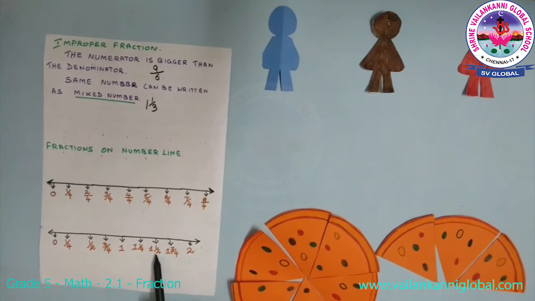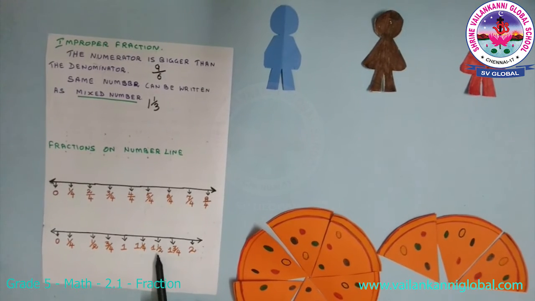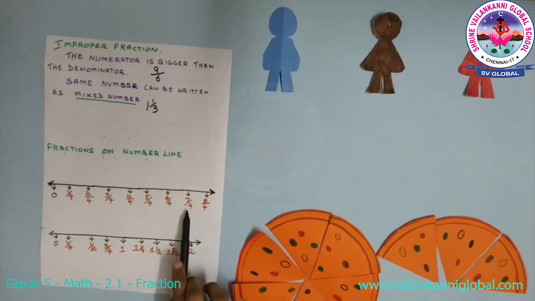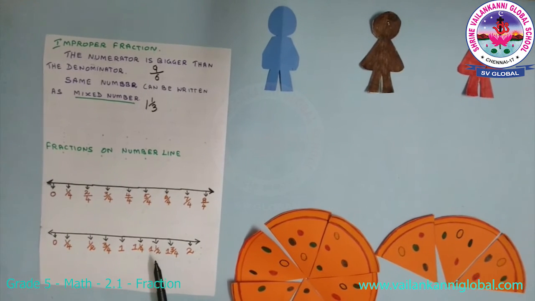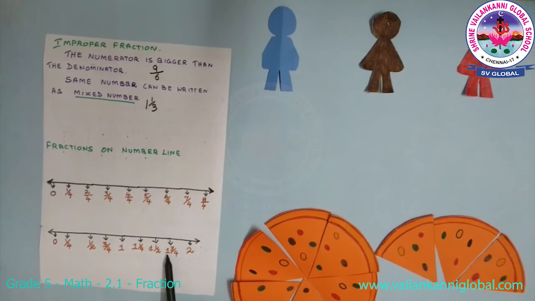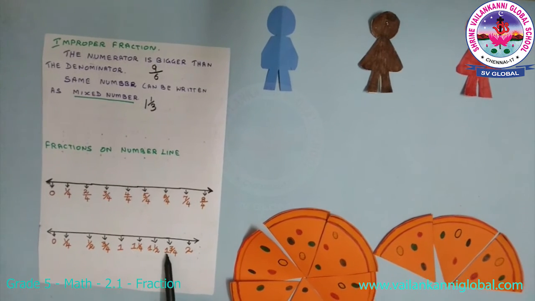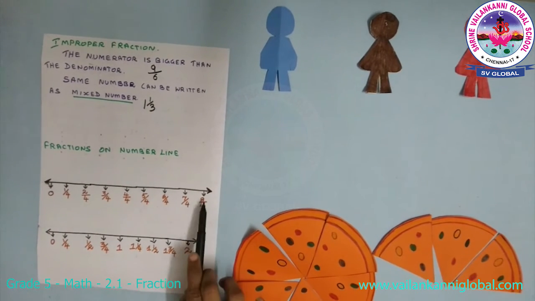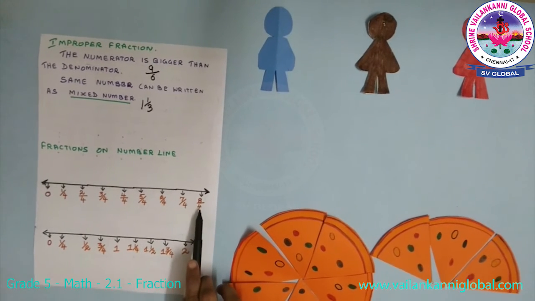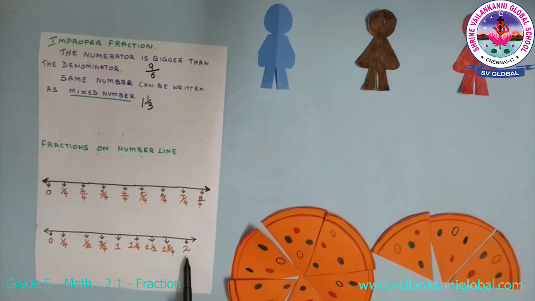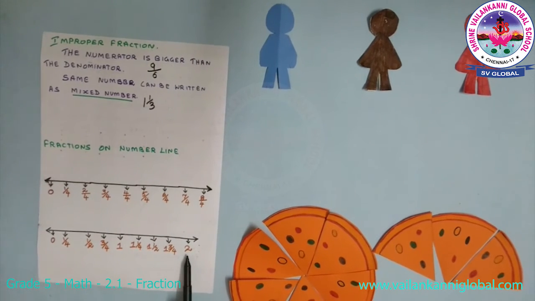If you simplify it, you will get 1 and 1 by 2. In the same way 7 by 4: one 4, and the remaining is 3 parts, so 1 and 3 by 4. Then 8 by 4: if you simplify it, 4 two times is 8, so you are getting 2.